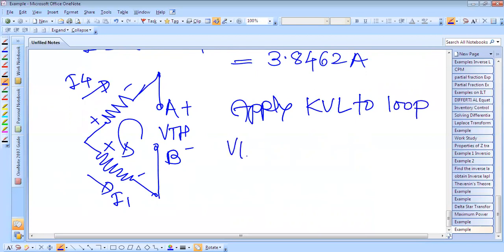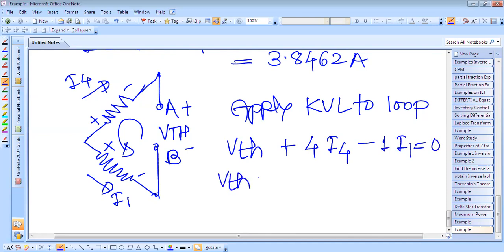And therefore VTH, this negative to positive, we are going in this direction. Therefore plus, what is the value of this resistance? It is 4 I4, minus 1 I1 is equal to 0.